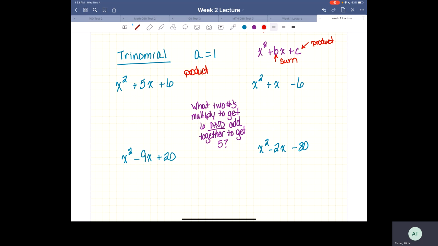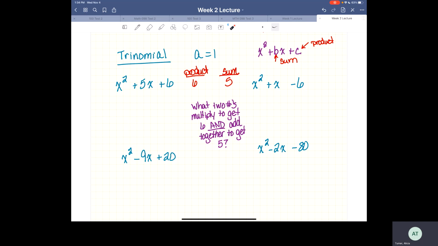My product is 6, so I'm going to write that down right there. My sum is that middle number 5. Here's my product. It's the number that doesn't have a variable with it. It's a constant. My sum is this number right here, what's with the x.